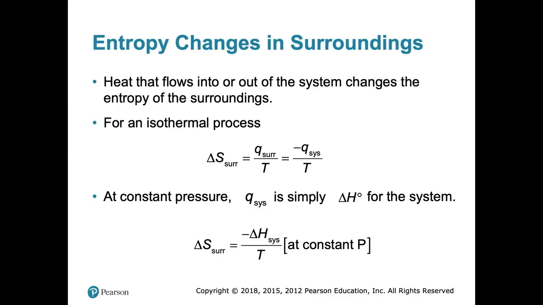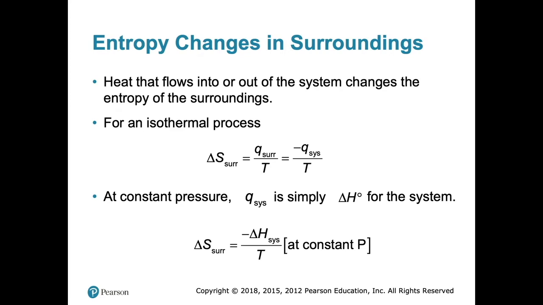Okay. So Q, remember, is the transfer of heat. At constant pressure and isothermal, again, same temperature means constant temperature, the Q of the system is simply the change in the standard enthalpy for the system. So now you have this equation at constant pressure, where the change in the surroundings' entropy is equal to the minus change of the enthalpy of the system divided by temperature.